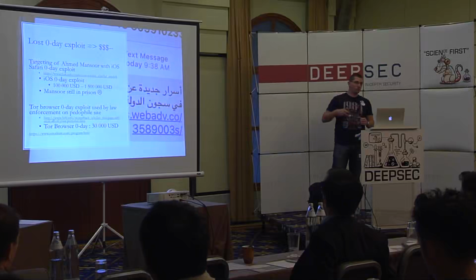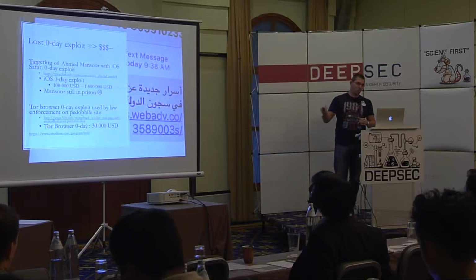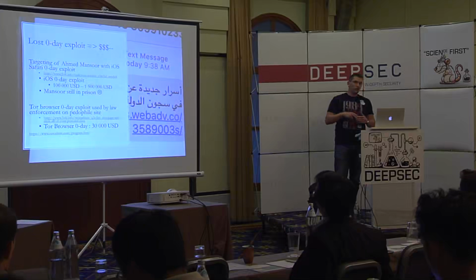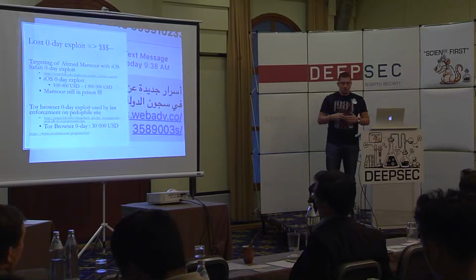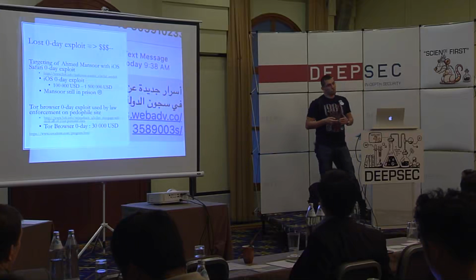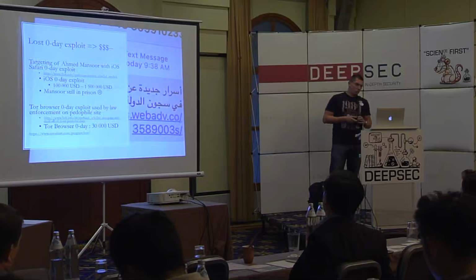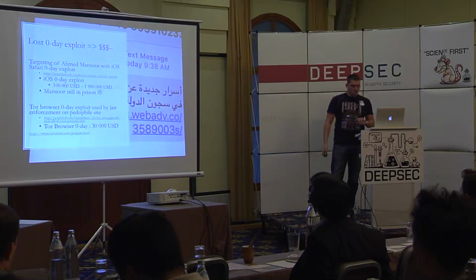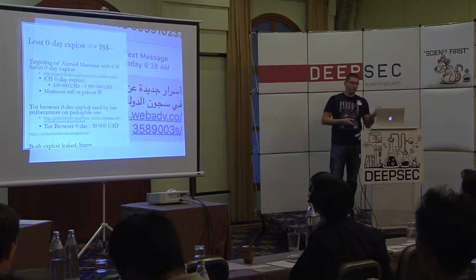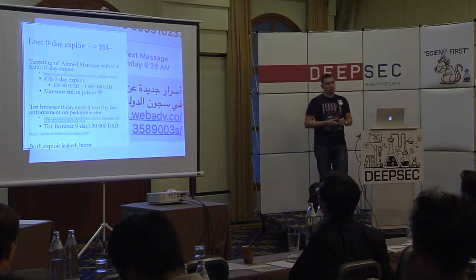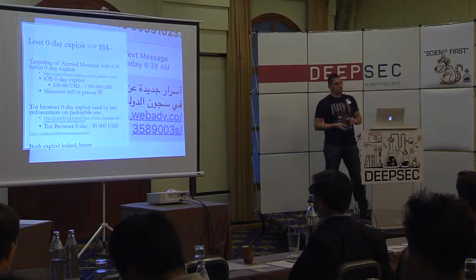So all the visitors who visited the website had their browsers exploited, and whenever the attacker code was able to run, their original IP address was leaked. By the time of this attack, a Tor browser 0-day was something like 40,000 US dollars. So as we can see, if you have a browser 0-day but you lose it, you lose a lot of money.